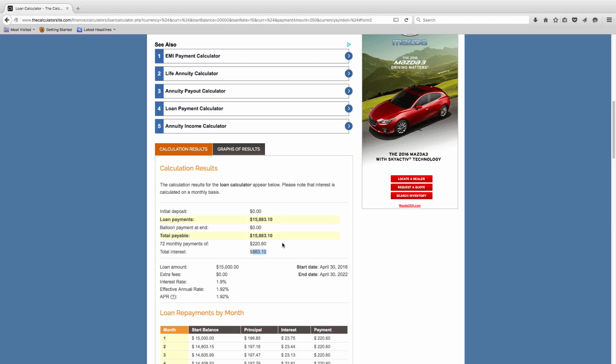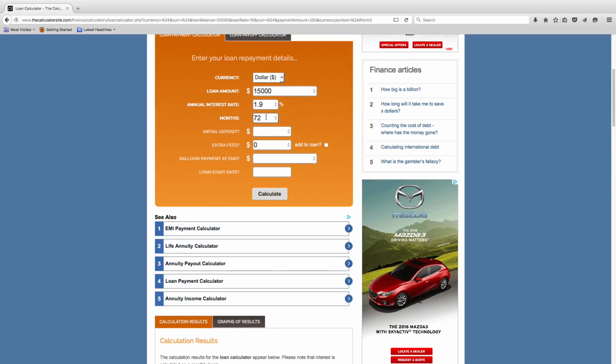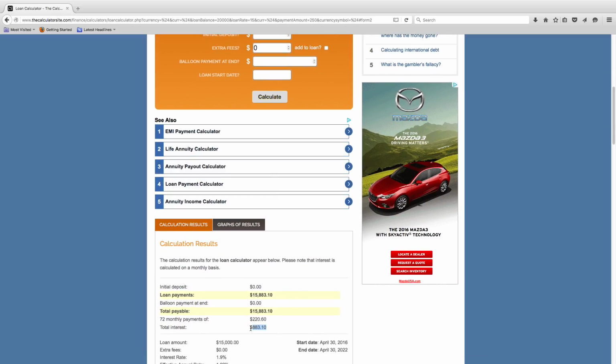That is half of what that person that financed for 36 months at 6.85% paid. So I know I'm restating something that I said earlier, but your interest rate, very, very important. Even though I'm financing for a longer term, because my interest rate is lower, I'm paying less in total interest. So, the way all this stuff works out together, it's very symbiotic.